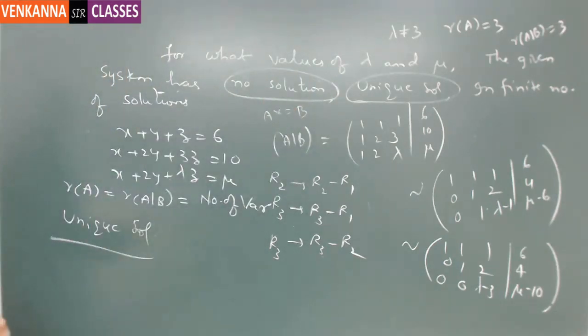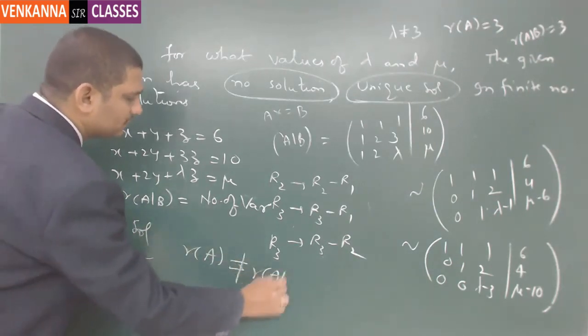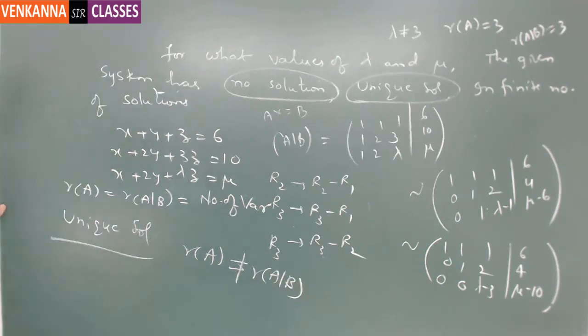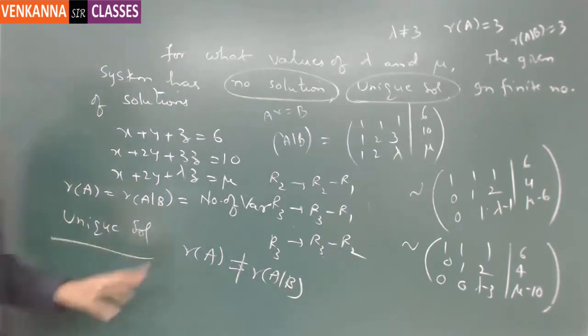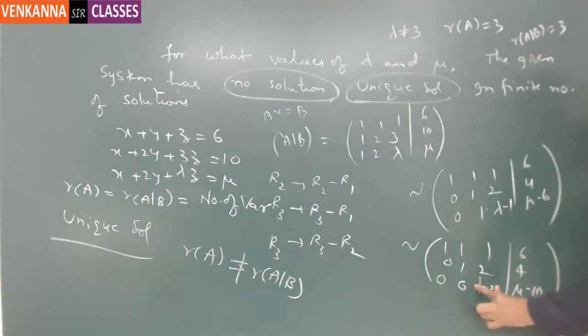no solution appears only when rank of A is not equal to rank of A by B. That is possible whenever this entry is 0 and this entry is non-zero.